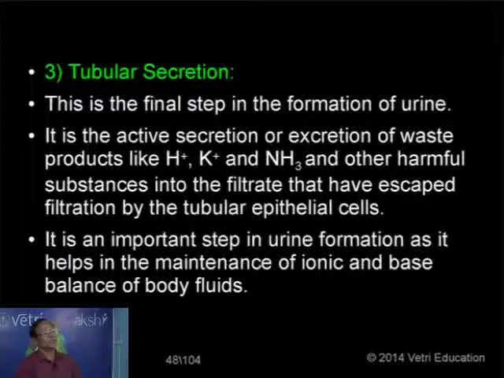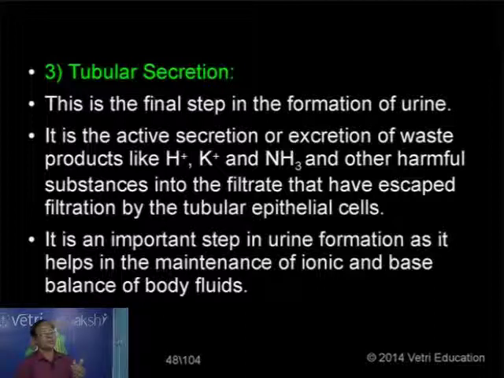The process is nothing but the collection of waste products, those materials which have escaped filtration, from the blood, and the epithelial cells of the nephron secreting them into the filtrate already flowing through the lumen of the nephron: mainly potassium ions, hydrogen ions, urea and other harmful waste products including drugs, antibiotics, and ammonia.